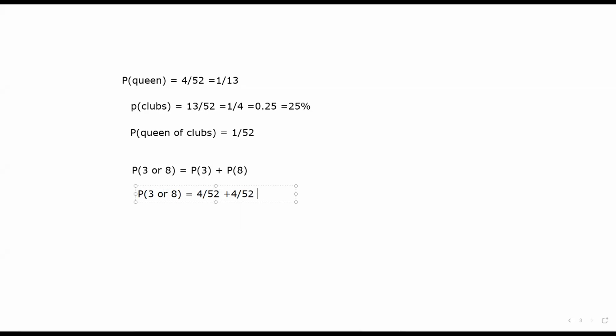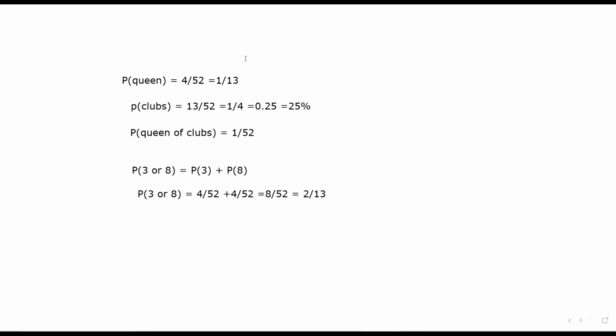That's going to give us 8 out of 52, which reduces by 4. You divide that by 4, you get 2 out of 13. So that is 2 out of 13.